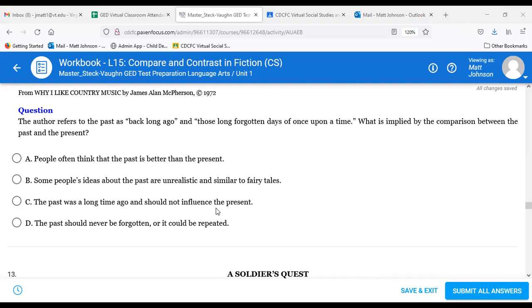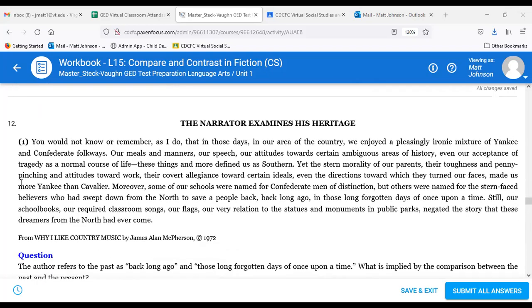And I'm going to say D. Did you say D? Either D or, I would say C, the past was a long time ago and should not influence the present. I don't know. I'm not sure.